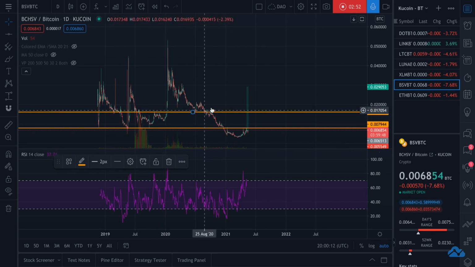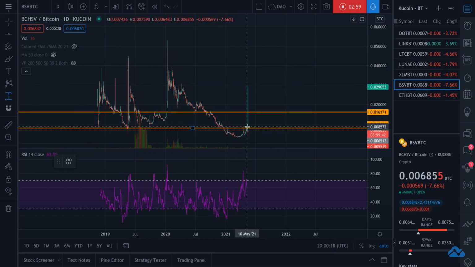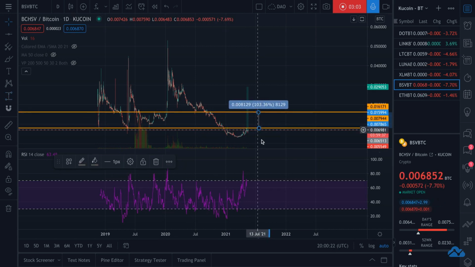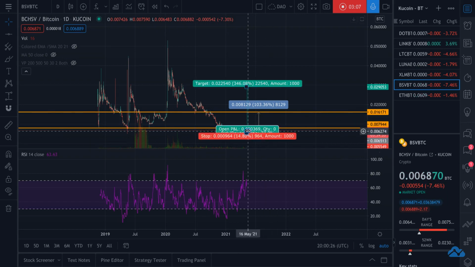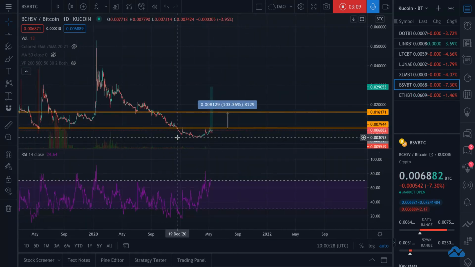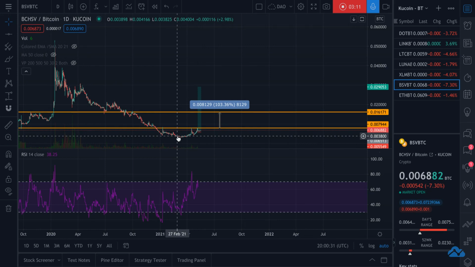This is where I think it'll probably go next if it can break through this, which is almost a 2x, I believe. Let me do the math here. Yeah, it's about 100% increase. So I could see this happening. It just has to get through this resistance first that it has been just getting destroyed by.